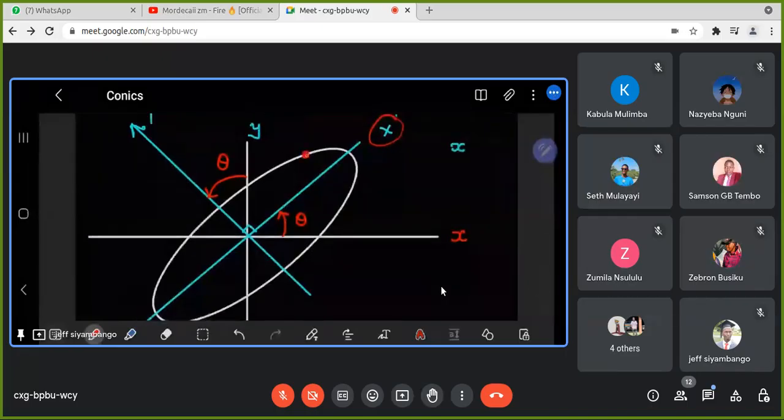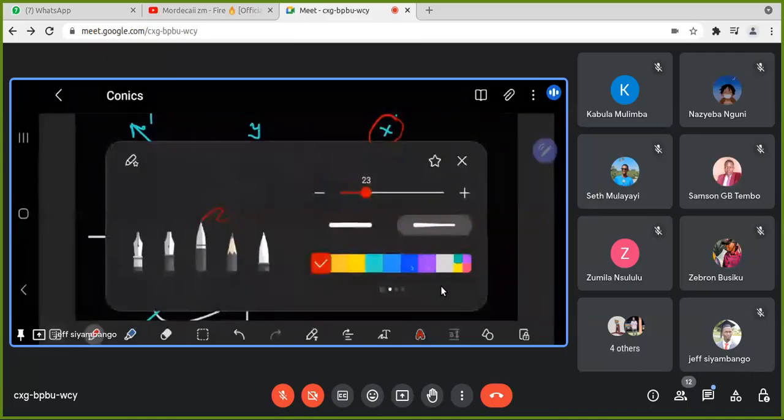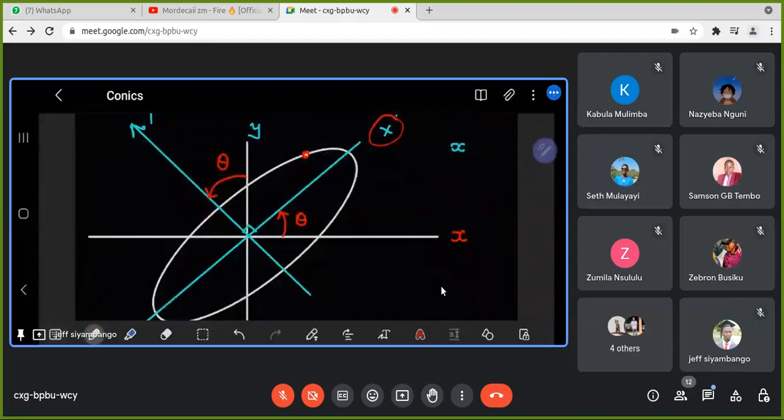If you picked that point about the original x-axis, you'd have the y-coordinate going somewhere there, and the x-coordinate coming down this side.